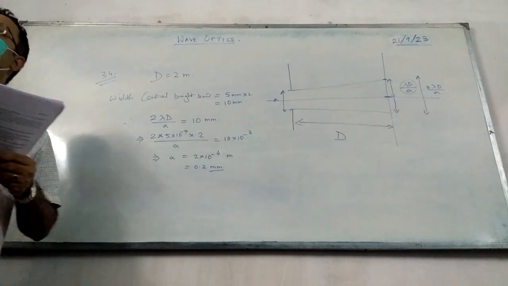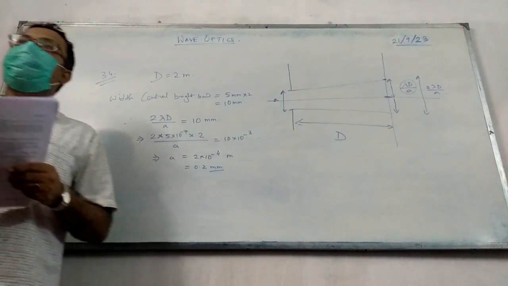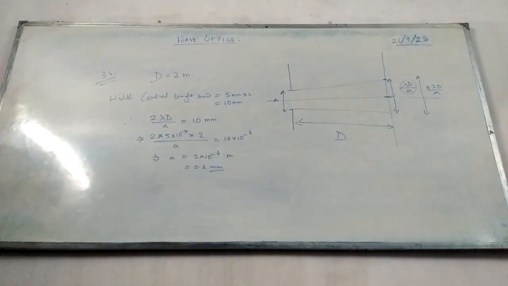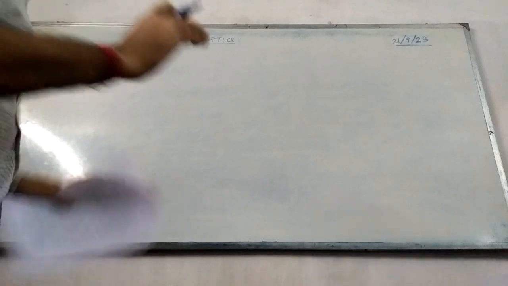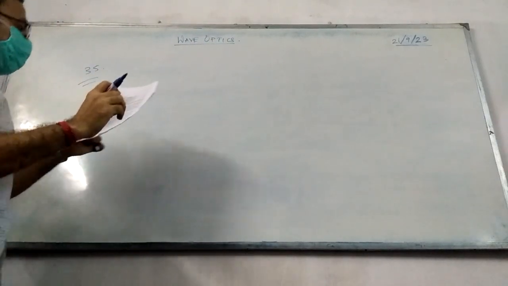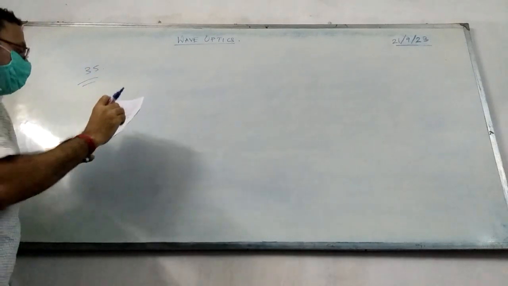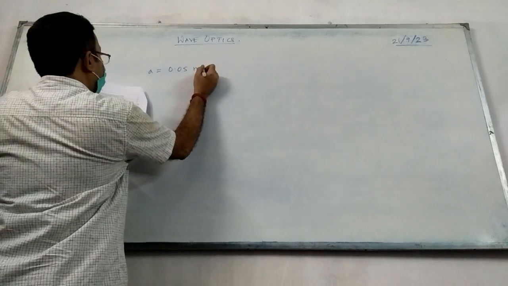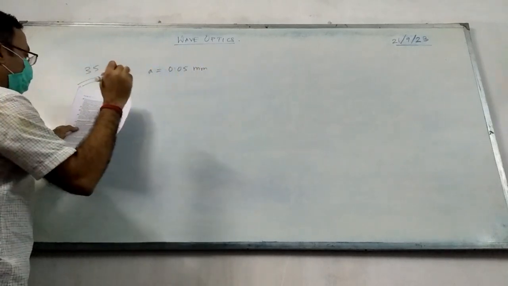Is that clear? Most of the sums are based on the central bright band. Question number 35. It says that monochromatic light passes through a slit whose width is 0.05 millimeter. At what angle will there be a third minimum?